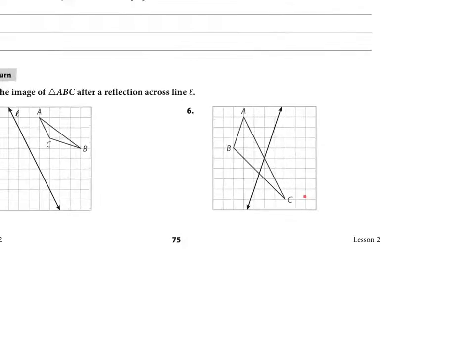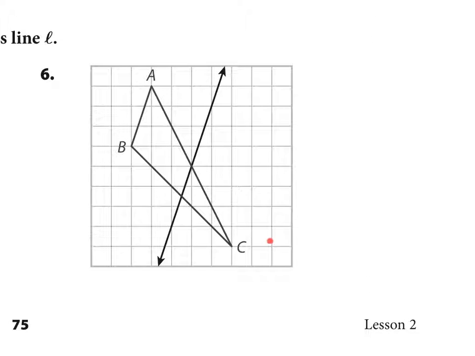All right, so on page 75, let's look at 6. So the slope of this line, if I just find a couple of points on this line, here and here, the slope of line L, okay, I'm going to call it line of reflection, okay, slope is up 3 and over 1.